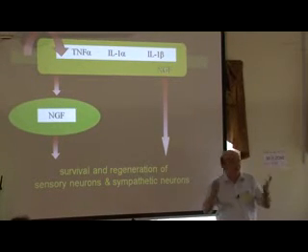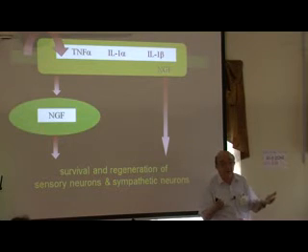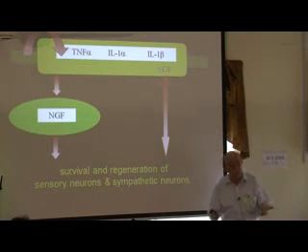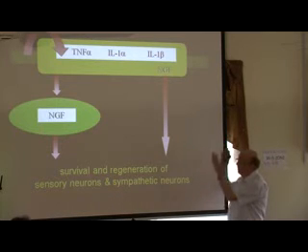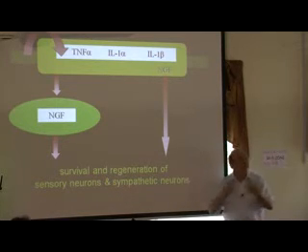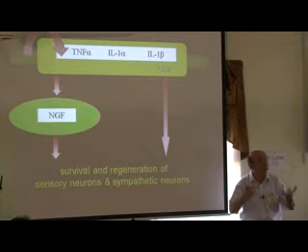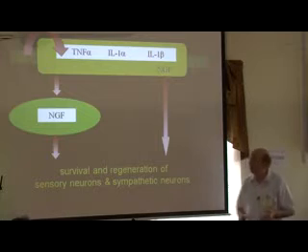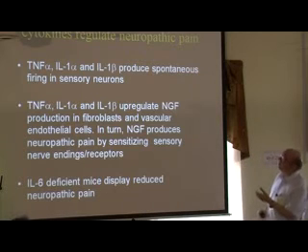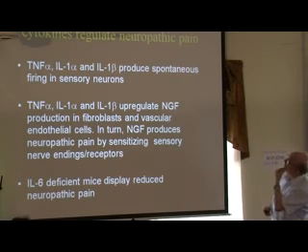We have the subset of dorsal ganglion cells which are responsive to NGF, and we have also sympathetic neurons which are responsive to NGF. So this is another feature of Wallerian degeneration that helps to promote regeneration on top of clearing inhibitory myelin.